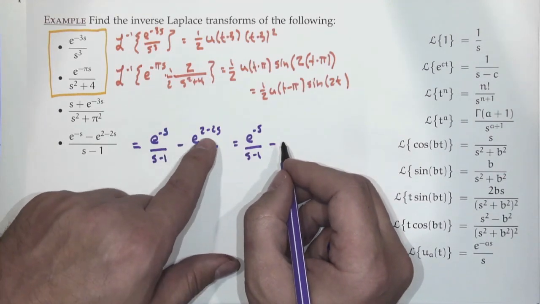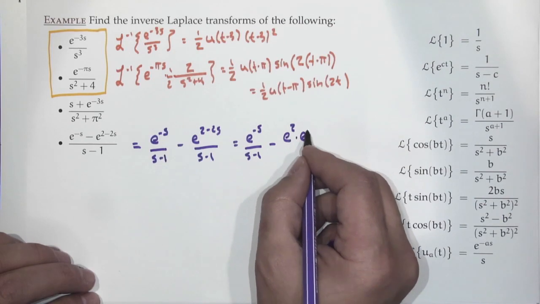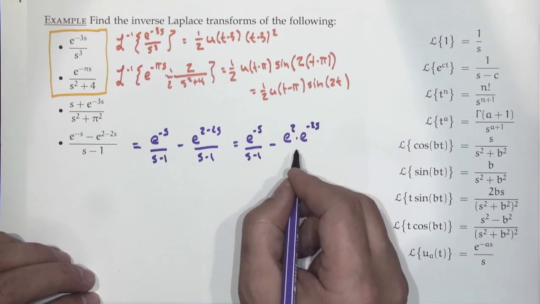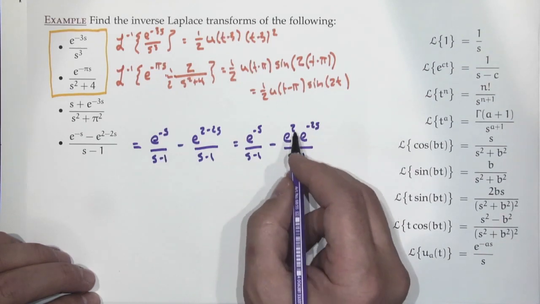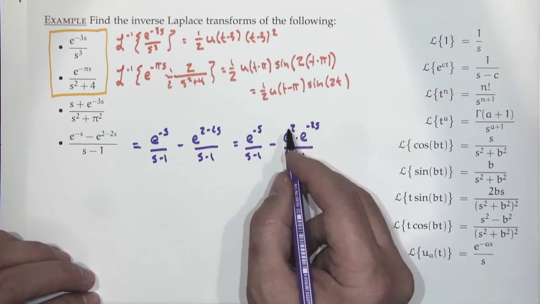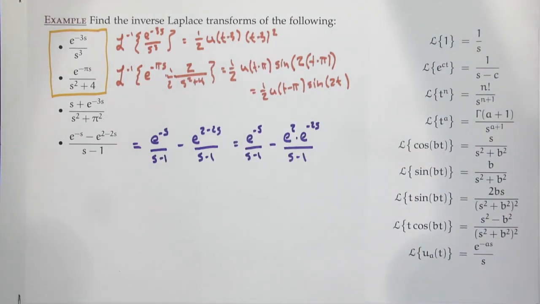Whenever we have addition or subtraction upstairs, it becomes multiplication. And that e squared, how do we treat it? A constant. Why do we treat it like a constant? Because it's a constant. Yeah, that's a good reason. Okay.